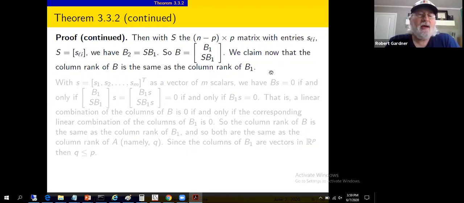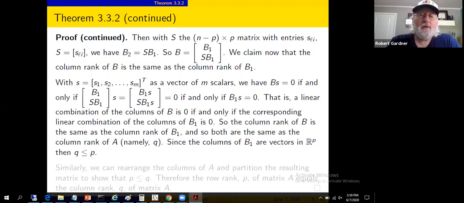What we claim now is that the column rank of B is the same as the column rank of B sub 1. Okay, so let's take S, a vector, unrelated to these S's up here, just a new column vector, written as a row vector and transposed to fit on the slide, with components S1 through S sub m.